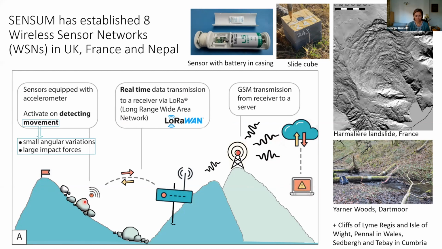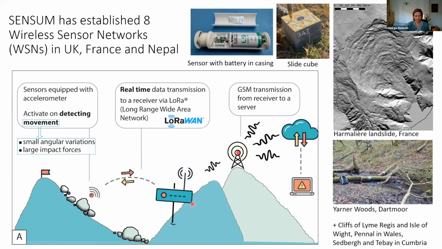So the accelerometer, once the sensor is tilted, for example, due to an underlying movement of the landslide, records at a higher rate, and it sends data on the movement of the boulder to a gateway, in this case on the opposite side of the valley, via long-range wide area network communication, basically radio waves. And this gateway then sends the data up to a server via the GSM network, where we can access it on our computers.